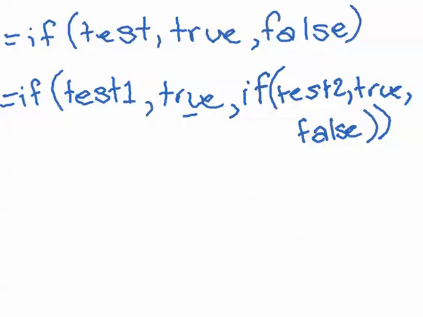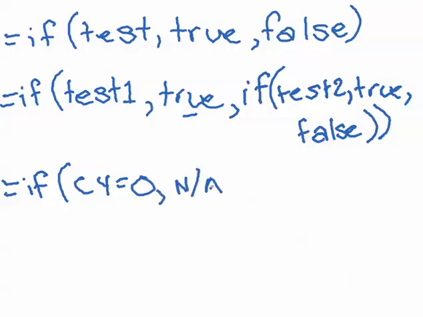And so we can look at the first one. If we look at the first example of the bank balance, which off the top of my head I'm going to say it was C4, I could be wrong, is equal to 0. Now if it's equal to 0, then it's not applicable. And it doesn't matter. It just stops at not applicable.